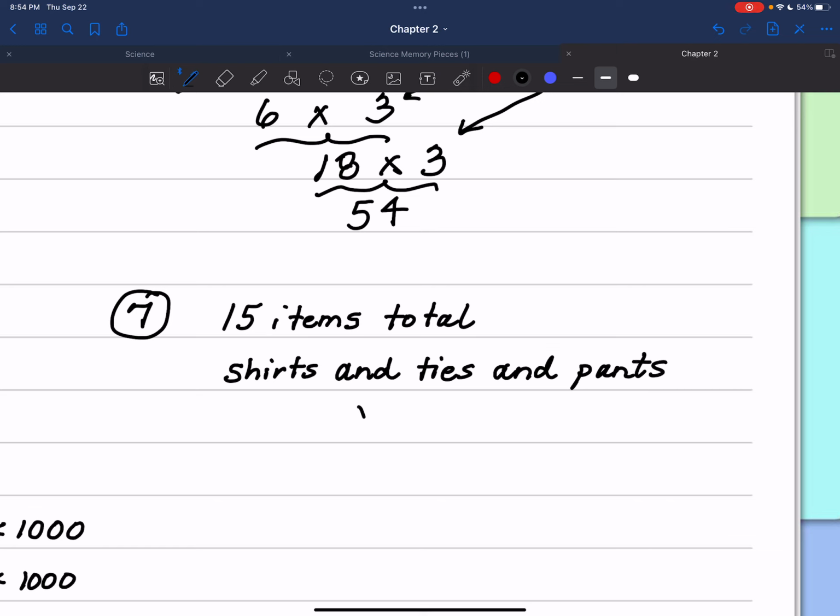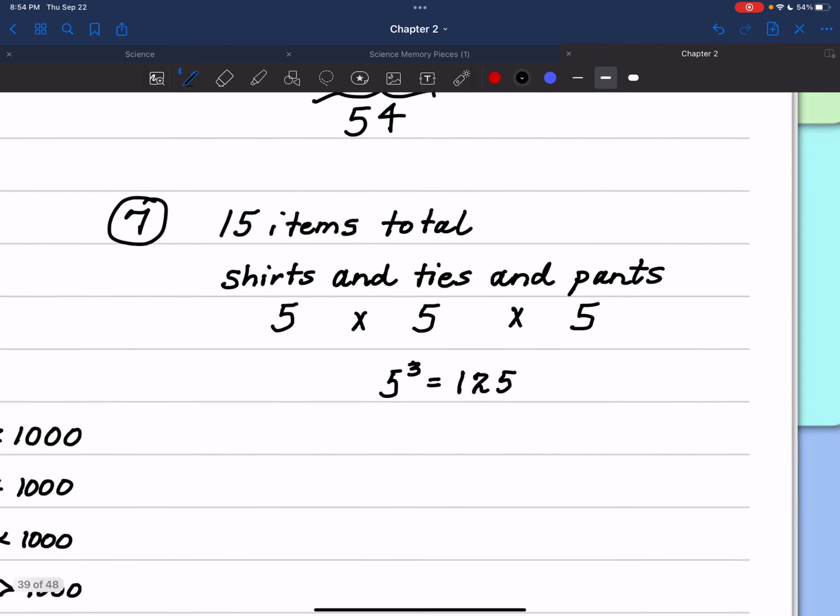And remember, and means multiply. Okay? So what if we let him have an equal number of them all? So let's say 5 shirts and 5 ties and 5 pants. Let's see what that would be. That's 5 to the 3rd power, or 5 to the 3rd power is 125.